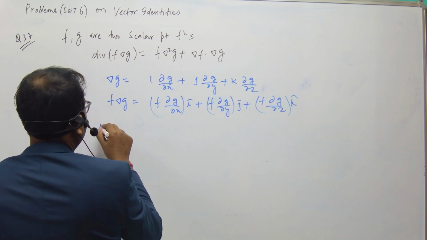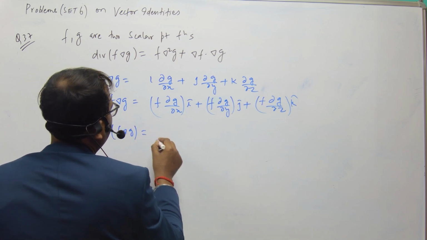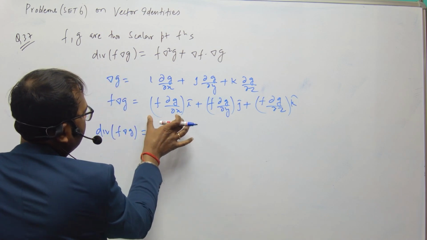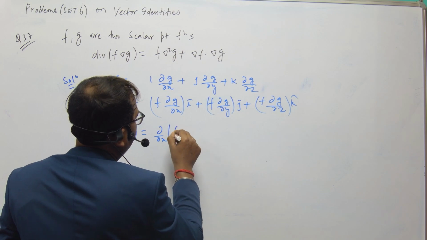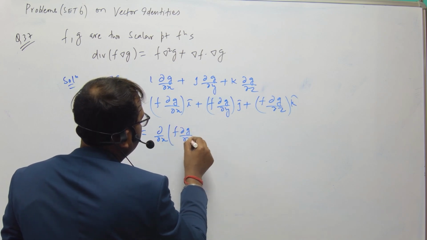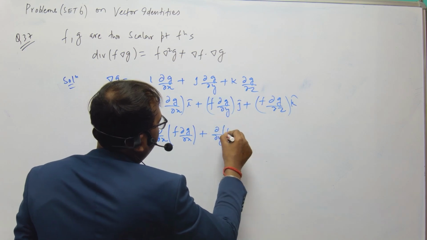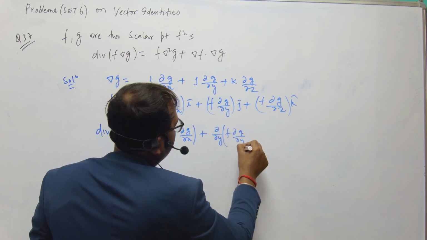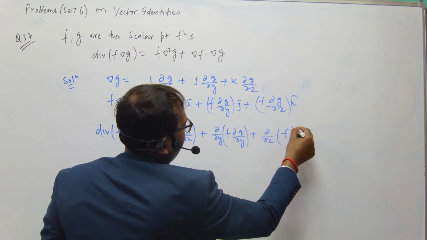So we have the divergence of f times gradient of g equal to del upon del x of f times del g upon del x plus del upon del y of f times del g upon del y plus del upon del z of f times del g upon del z.